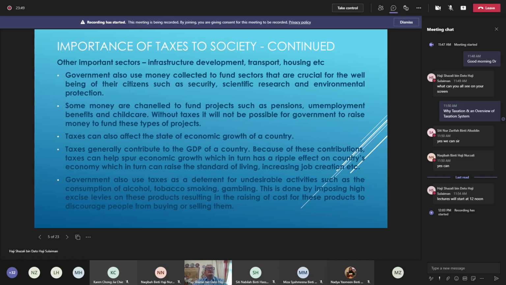Okay, the other important thing that you need to look at is, for example, infrastructure development, transportation, and housing. Government will use money collected to fund sectors that are crucial for the well-being of their citizens, such as security, meaning physical security, the army, the police, research, and environmental protection.